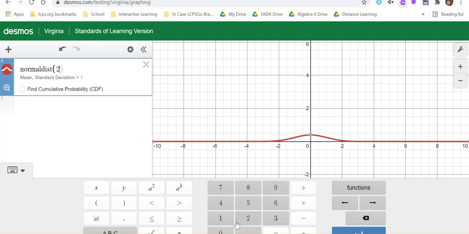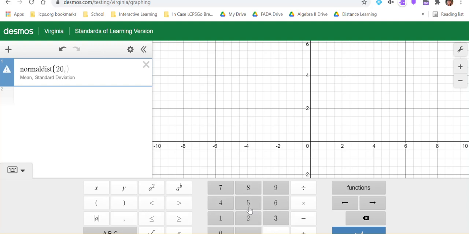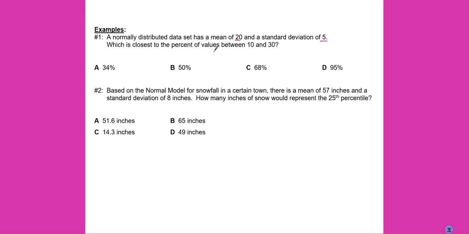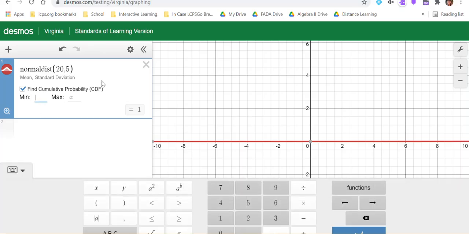So 20, 5, and click find probability. Since I want between 10 and 30, my min is 10, my max is 30.